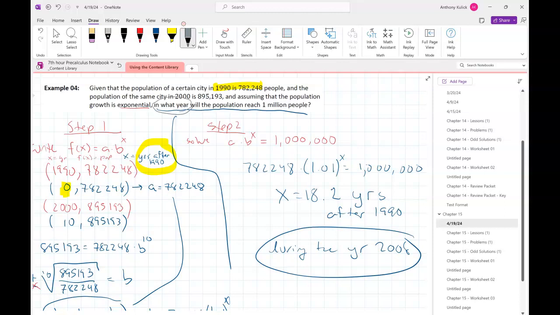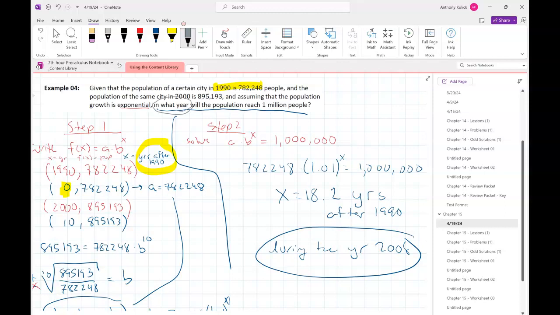So be careful with the way the question is phrased, because sometimes we're going to round up no matter the decimal, or round down no matter the decimal. It just kind of depends, right? So if this was 18.7, if it asked in what year, it's still 2008.